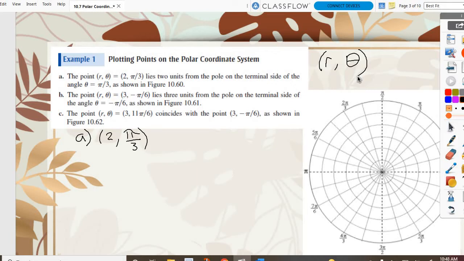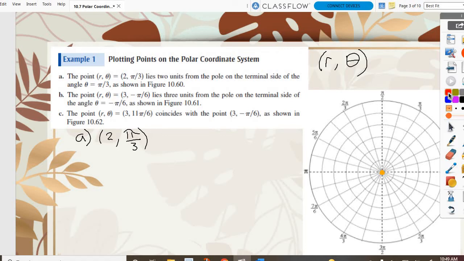So our starting spot, like we said, is going to be at our pole, which is in the center. If I was looking at 2 comma pi over 3, and each of my circles represents 1, how many circles do we need to go out in order to get to 2? 2. Okay, so I'm going to be at my second circle.